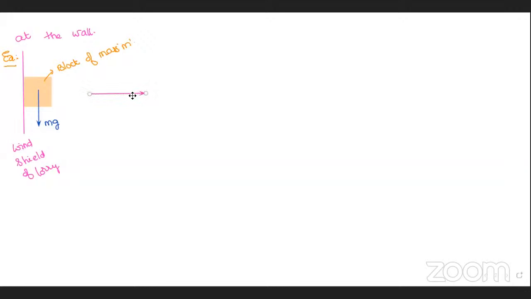Okay, this is actually the second point, but first is first only. First point: provided there is a force like this on the block. Is there any force on this block? No, there is no force perpendicular to the surface. That's why there is no normal reaction perpendicular to the surface. That's it, over. Very simple.